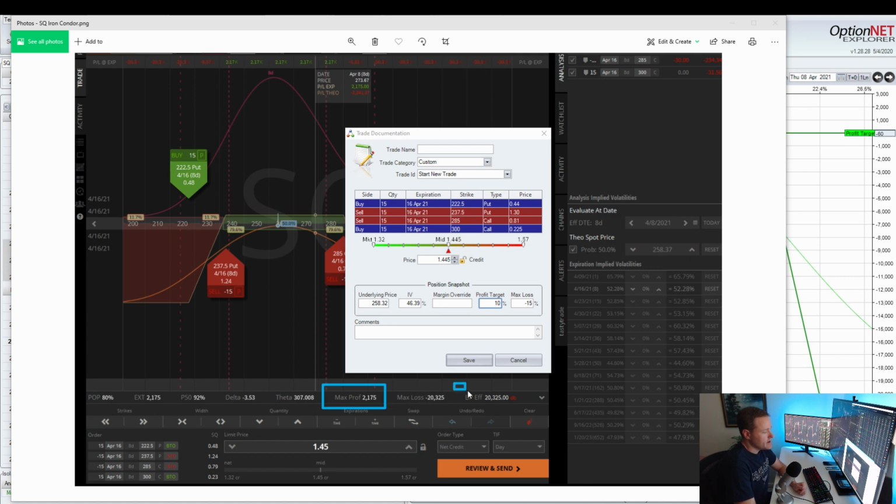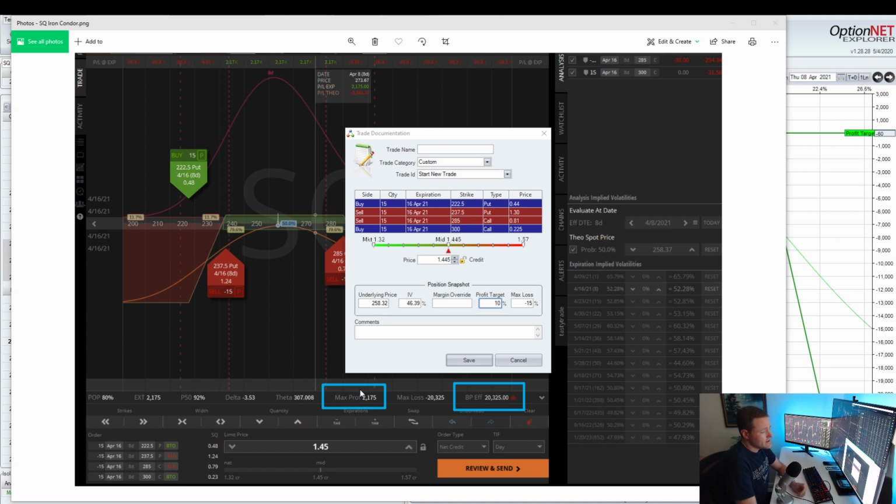So with a $20,325 investment, if we were to capture that entire max profit, that's a little over a 10% return. So thinking in terms of percentages as an investor, if you're investing $20,000 of your money, to get a 10% return in 8 days, obviously that's really good.